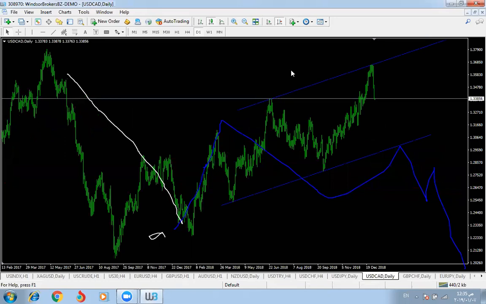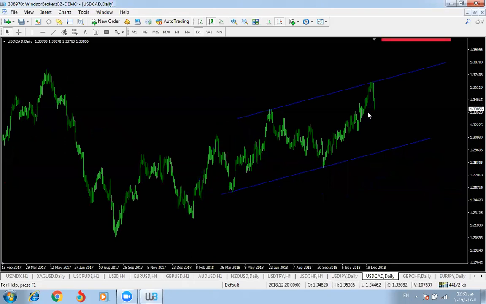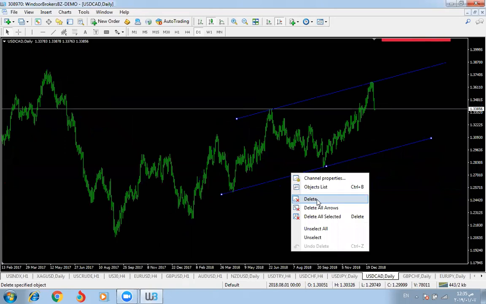I will show you the CAD. Actually, the CAD has finished its corrective structure. I will show you how.